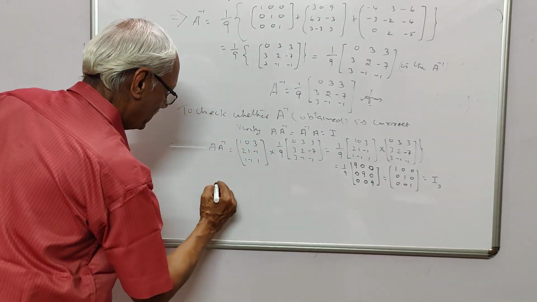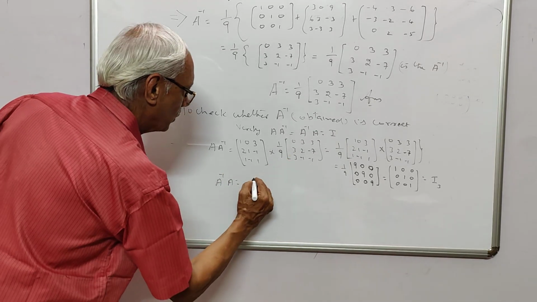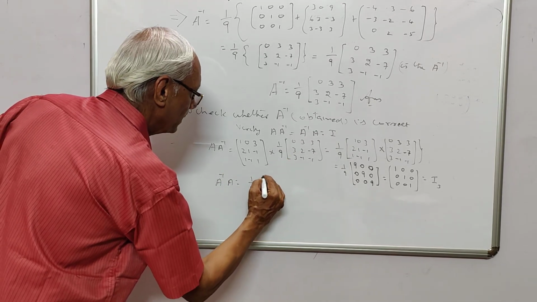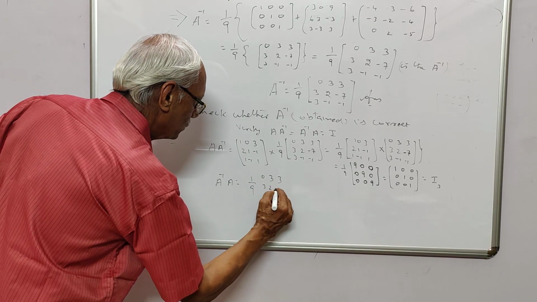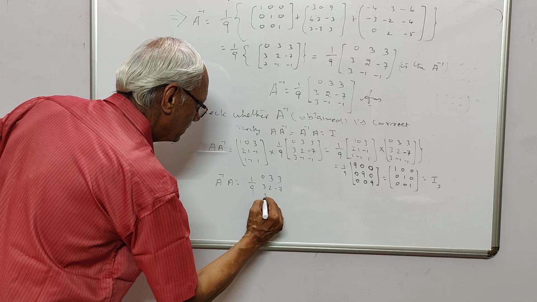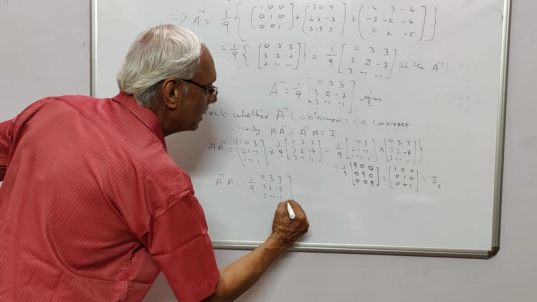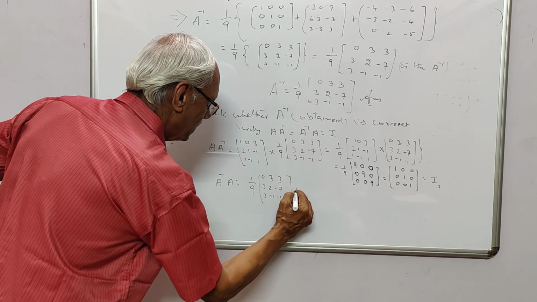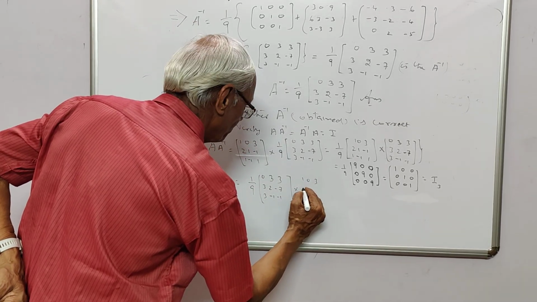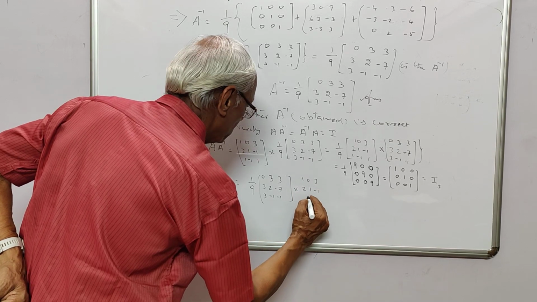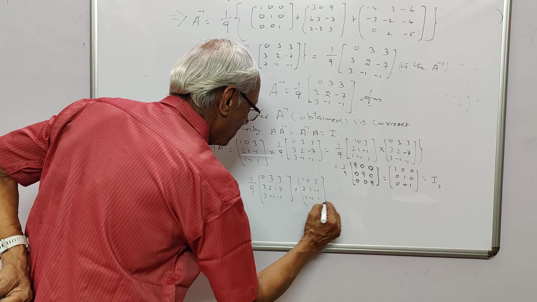Then what is A inverse? A inverse will be what? 1 by 9, 0 3 3, 3 2 minus 7, 3 minus 1 minus 1, into 1 0 3, 2 1 minus 1, 1 minus 1 1. You verify.